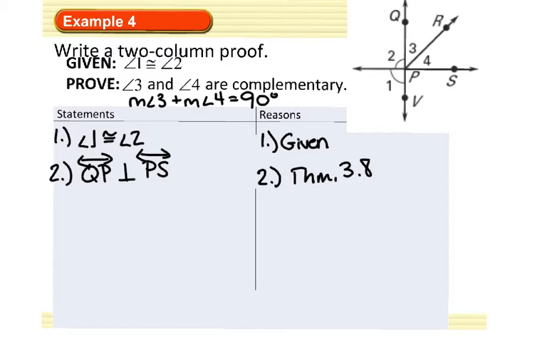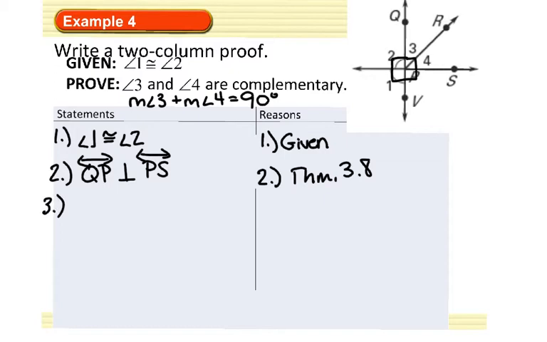Now, if we know these lines are perpendicular to each other, then they will all four intersect each other at a right angle. And so that right there is using 3.9. And how I'm going to state this is all of these angles are 90 degrees.